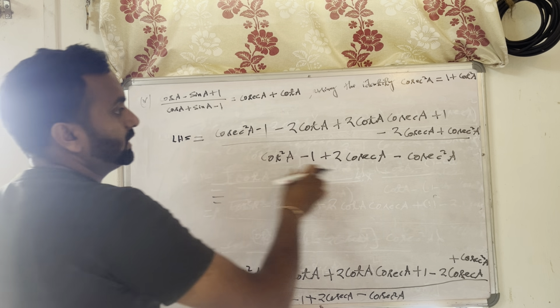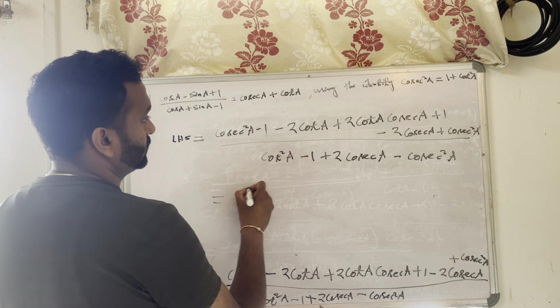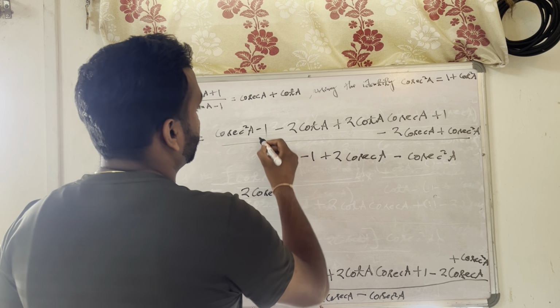This cosec square A plus cosec square A will give us 2 cosec square A, then minus 1 got cancelled with plus 1.